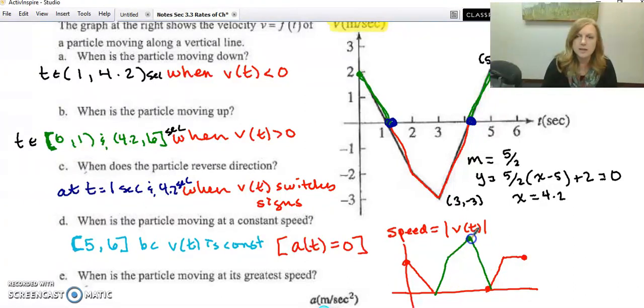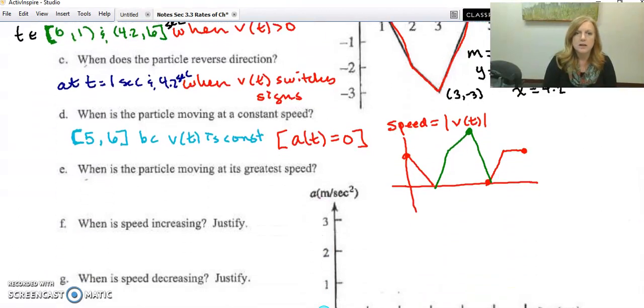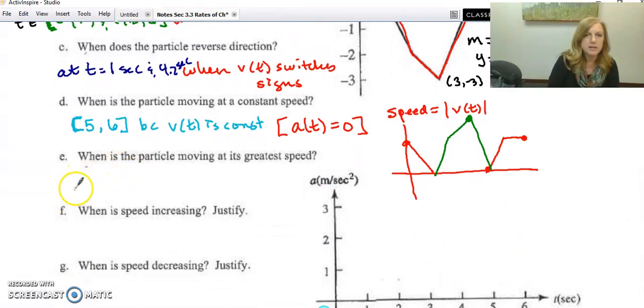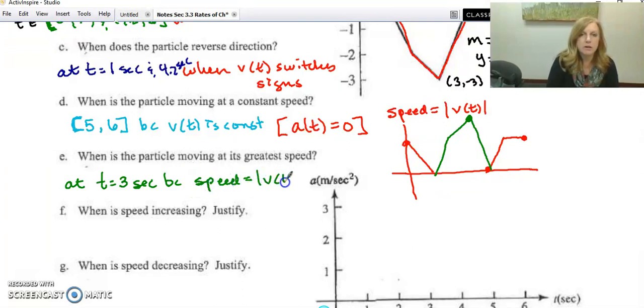And so we can see that our max location is happening at this little cusp right there, which is at 3 seconds. So in terms of our reason, moving at the greatest speed at t equal to 3 seconds, because speed equals the absolute value of the velocity, and I'm going to point to my little graph that I have over there.